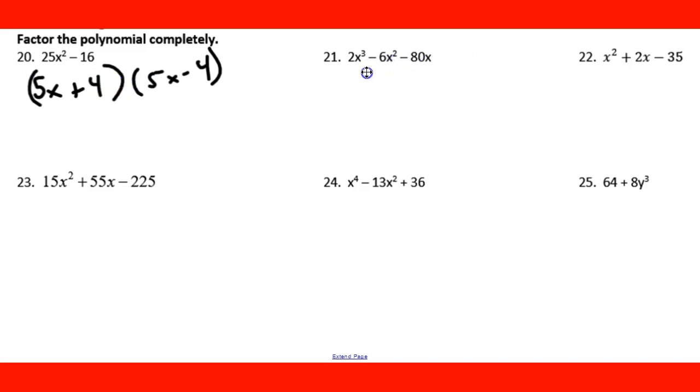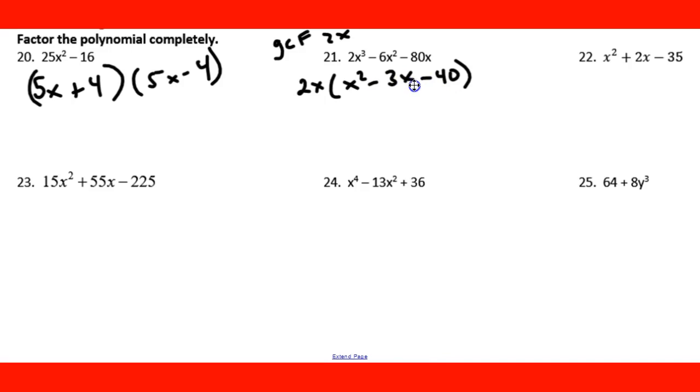Now, right here, this one we're going to factor out the GCF first, which is 2x. We're going to take out 2x. So you have 2x times x squared minus 3x minus 40. Now, you got to ask yourself, can you factor this trinomial?